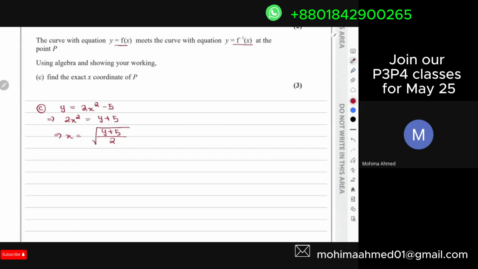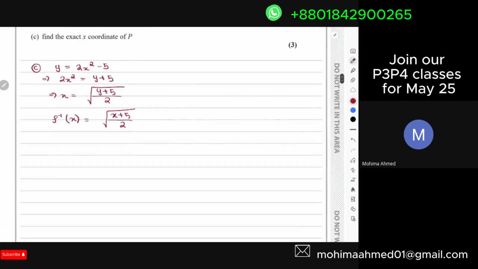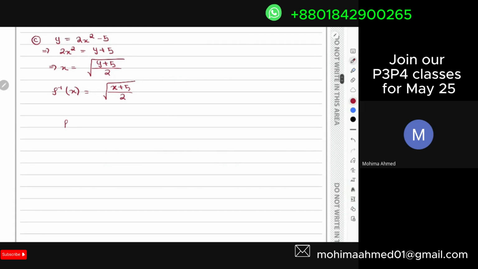Again, if we want to write this, we're going to write f inverse x as the square root of (x plus 5) divided by 2. And now for that coordinate, I just have to write f(x) equals f inverse x, which is 2x squared minus 5 equals the square root of (x plus 5) by 2.